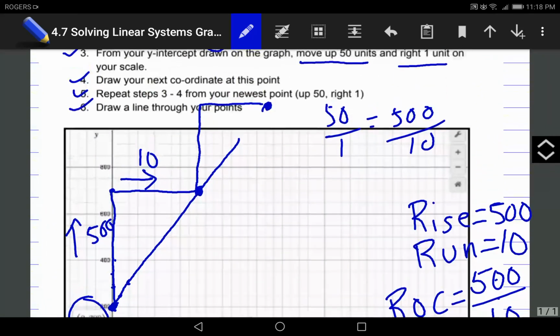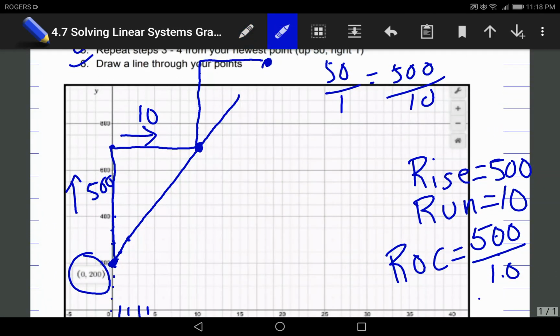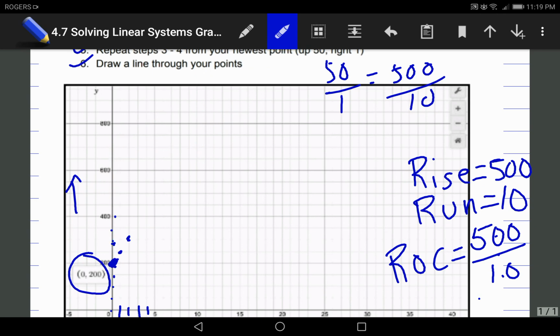And why don't we practice that? Just to get the hang of this, let's do 200 over 4 instead of 500 over 10. So let's put our y-intercept. I am now going to use a rise of 200 and a run of 4.